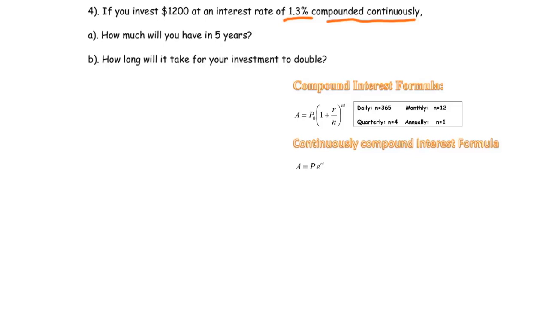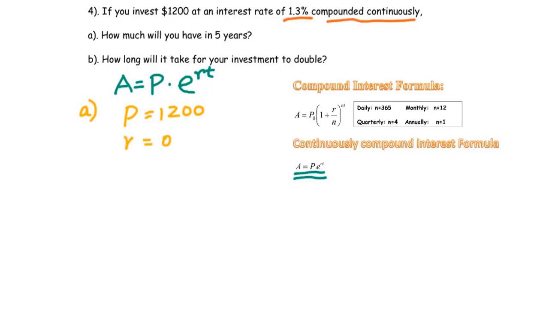First of all, the formula you have to use is A equals P times e to the RT's power. For A, we already know P equals 1200, rate equals 0.013, T equals 5. I'm looking for A.